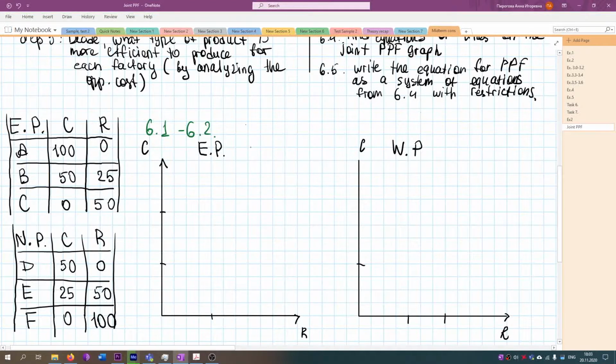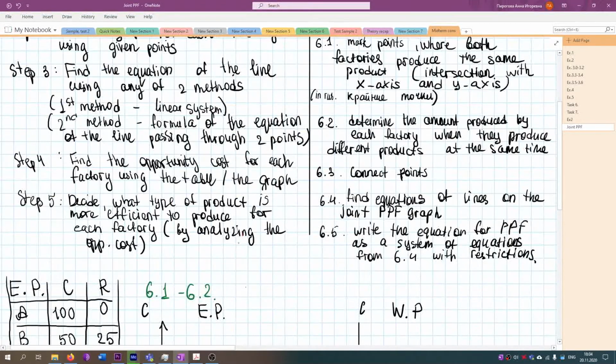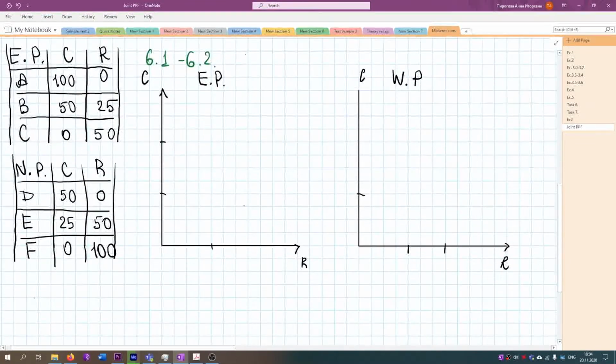So guys, now we will consider one extra task about how to draw a joint production possibility frontier. So firstly, let's see what task we have. We are given two tables about east production and north production, and west production.